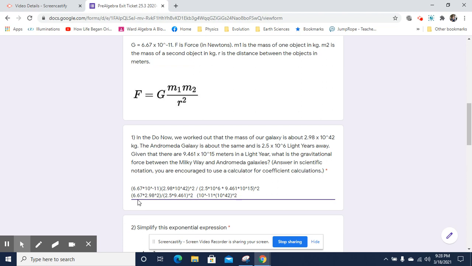And that's going to be divided by, in parentheses, 10 to the 6th times 10 to the 15th, and that's all squared. Whew, that's a lot. So let's start organizing things further.